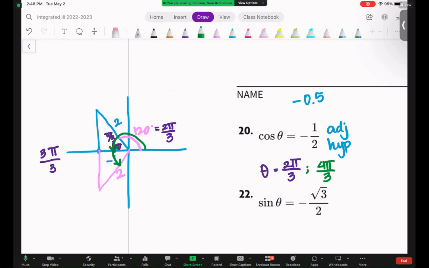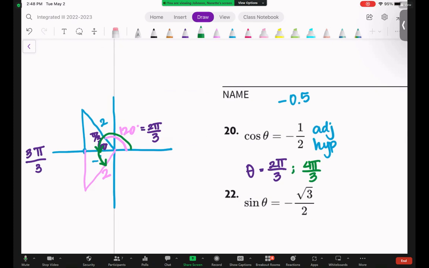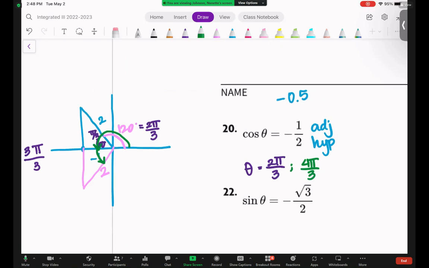So the question that you should be asking, Ms. Johnson, is where did these two answers come from? One of the places that the two answers come from is the fact that we're talking about cosine, and its cosine is negative.